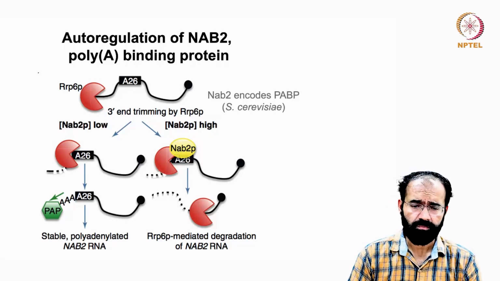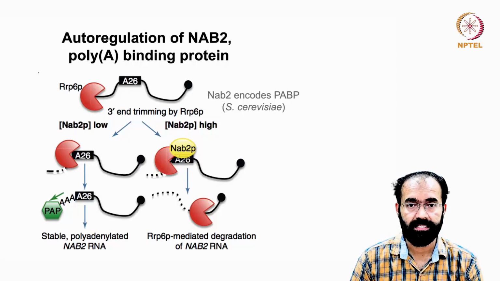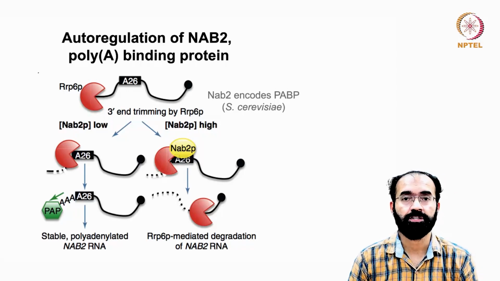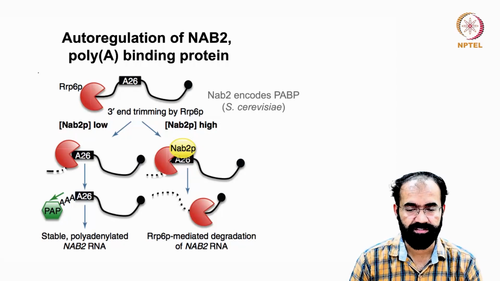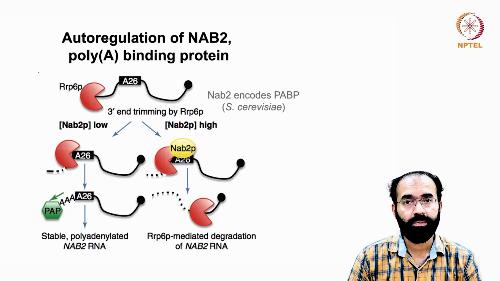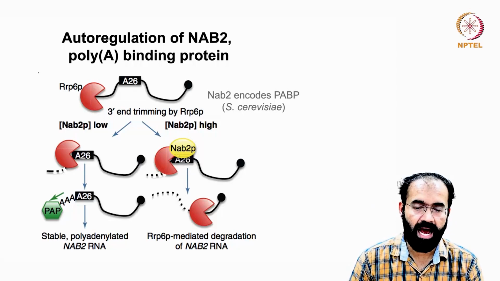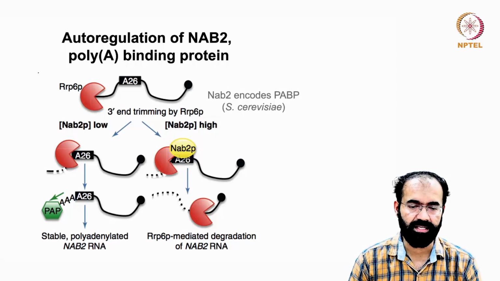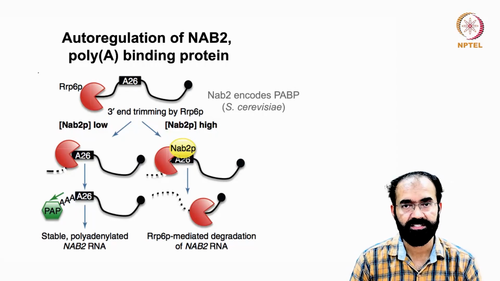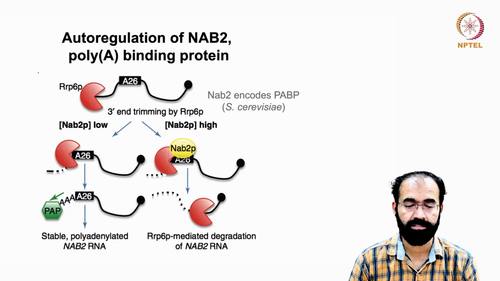So the stretch of sequence that is present in the RNA, especially a region called A26, a stretch of A's up to 26, can be influenced further by trimming enzymes such as RRP6P, and that will influence the length of the poly A tail. And this is a cap, what you are seeing, and this is basically the trimming by RRP6P, and it will reach an adequate length, say A26, that means 26 adenines.